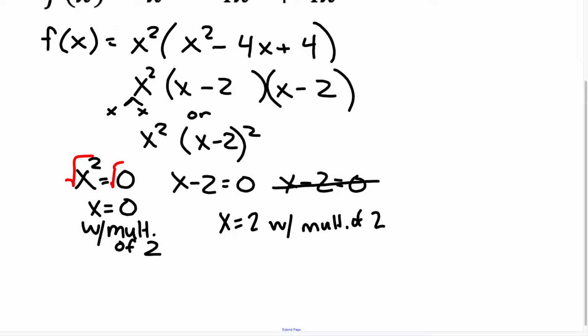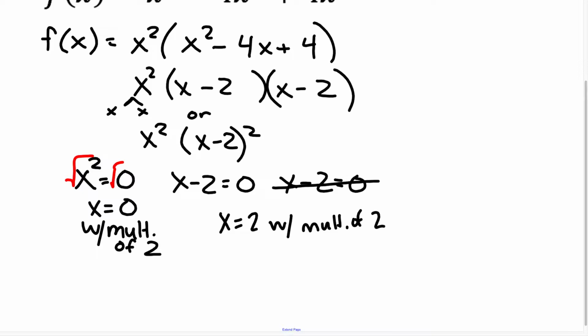Because x equals 2 would solve in this first factor, and then I would get the same answer, x equals 2 in this one. So rather than writing 2 and 2, I'll say it's 2 with a multiplicity of 2. It shows up twice. I could have solved this one, and I would get the same answer, so that's a multiplicity of 2.